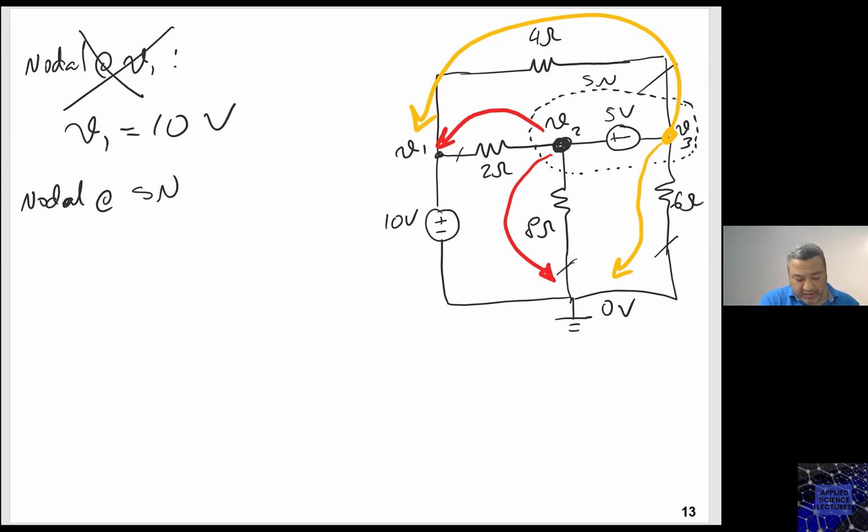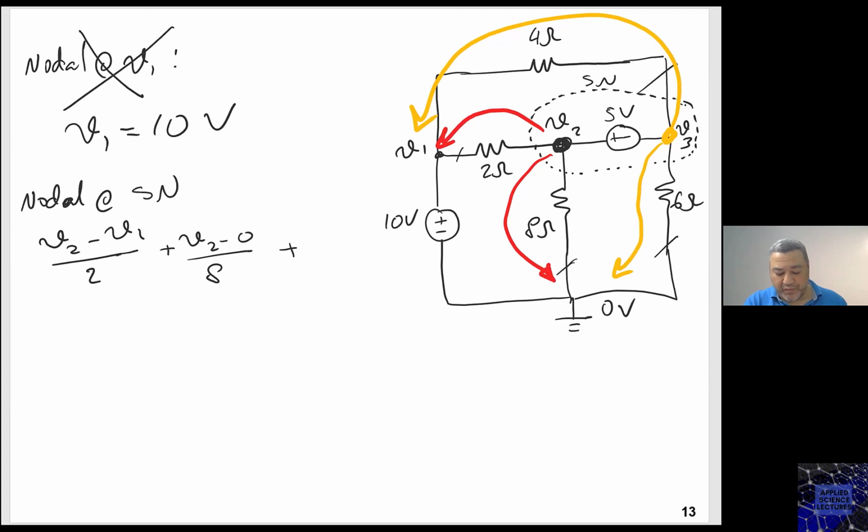So I am now at the beginning, I am here on V2, so I will go V2 minus V1 over 2. And I'm keeping my eye on the branches, right? I said I have 4 branches that have resistors, so it would be 4 fractions here, plus V2 minus 0 over 8, plus now I will jump to the other side of the supernode.